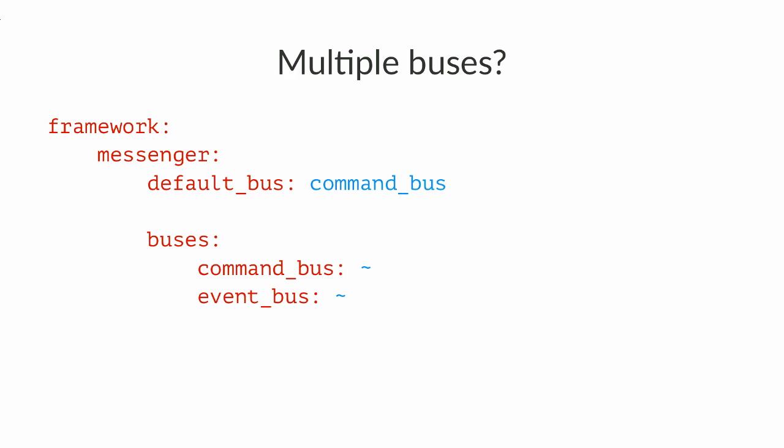That is the bus that is going to be injected if you type in the message bus interface and you don't do anything else. Now, if you want to inject your event bus somewhere, either you can manually define your service, explicitly giving the right message bus name, or you can hijack the DI a little bit.